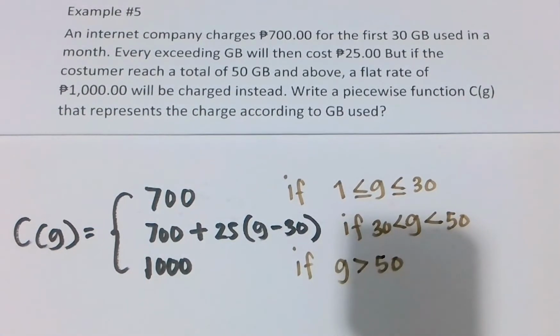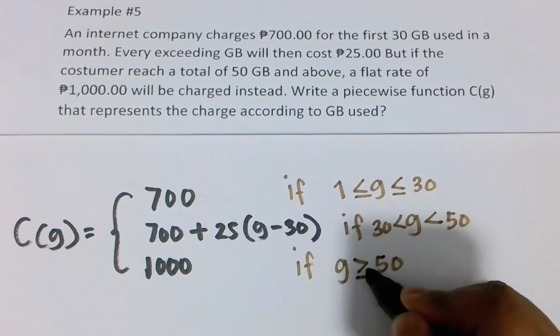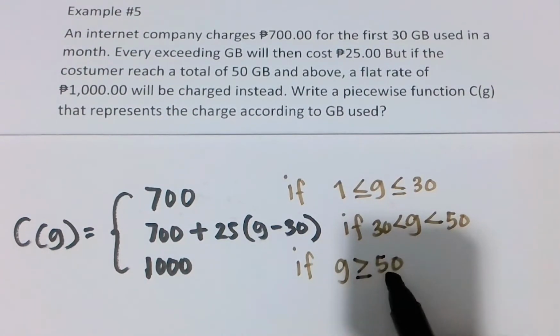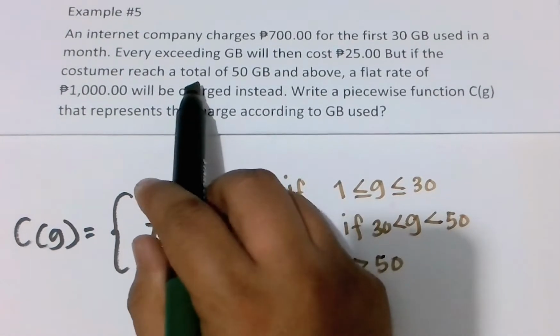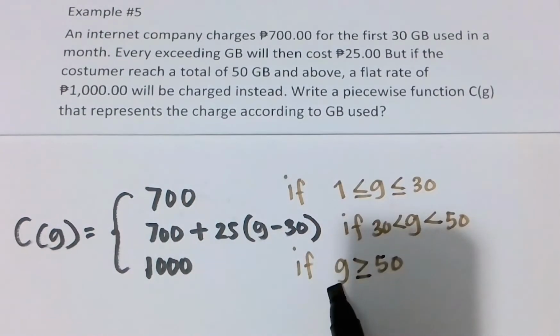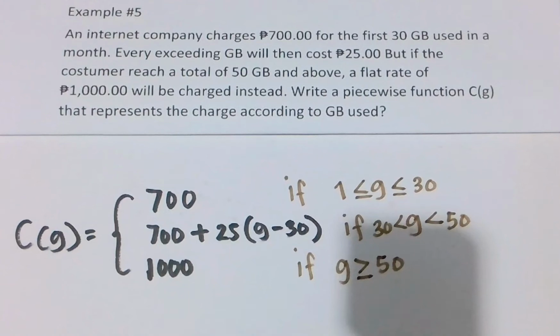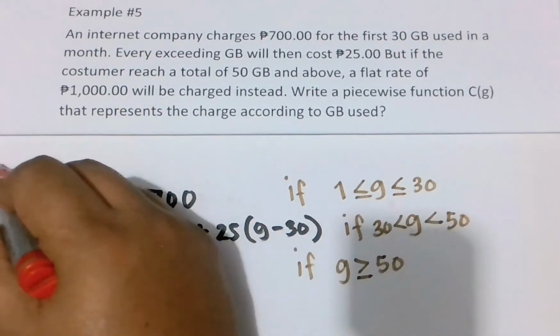Okay? Or equal. So, greater than or equal to 50 kasi kasama yung 50. A total of 50 and above. So, dito, G is greater than or equal to 50. So, from 50 pataas ng number of gigabytes, 1,000 pesos na ang babayaran ni customer. And there you have it. That is the piecewise function of example number 5.